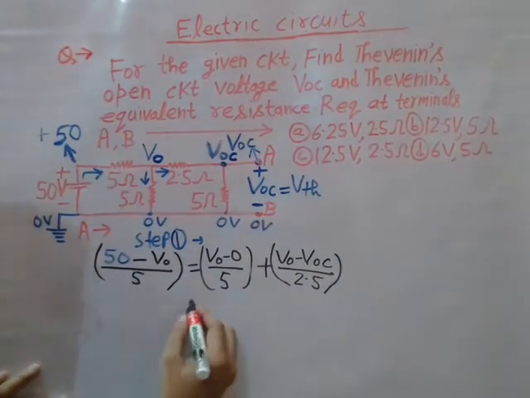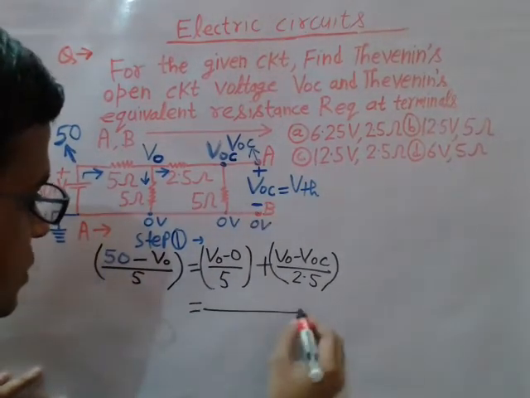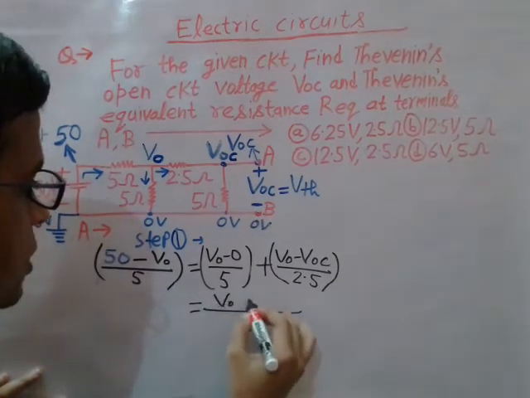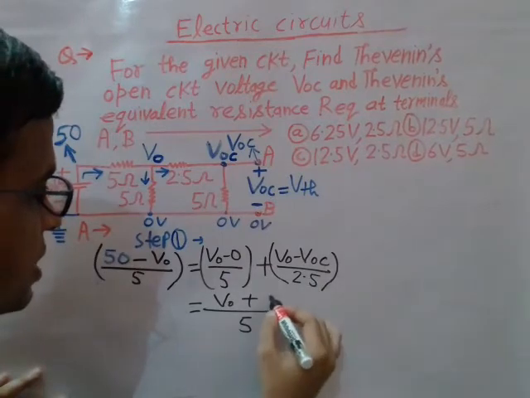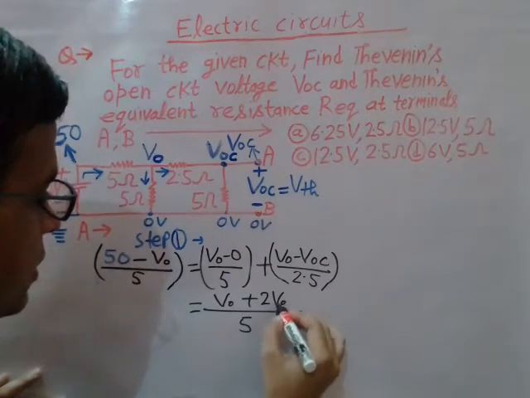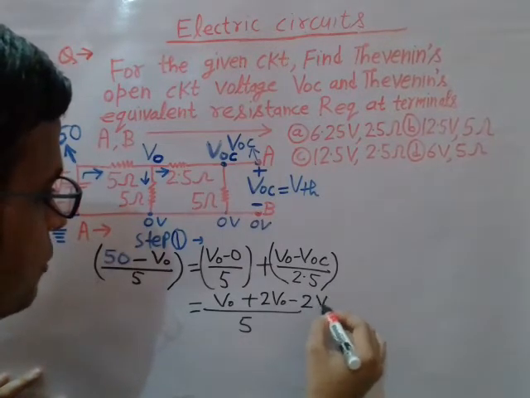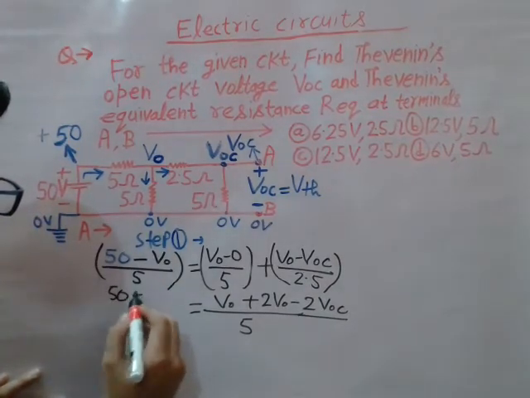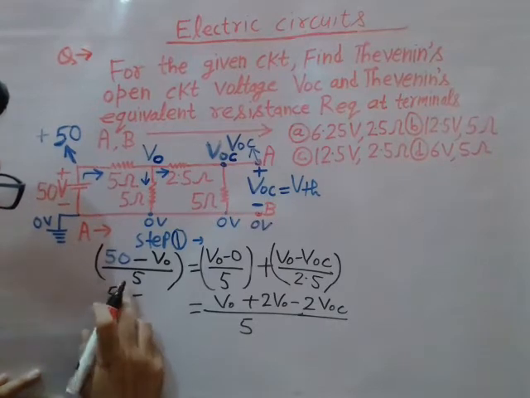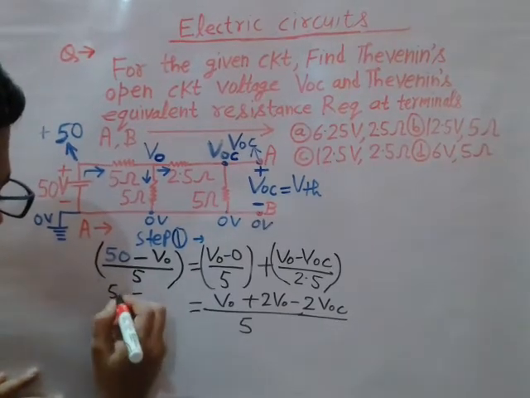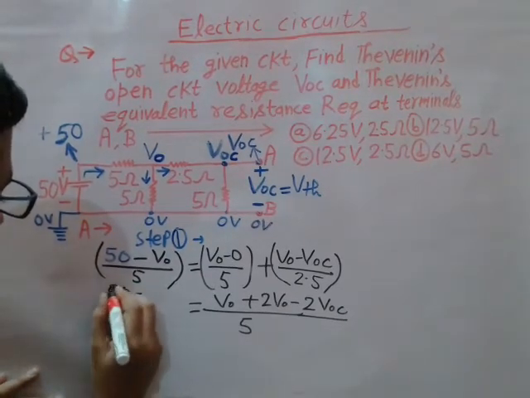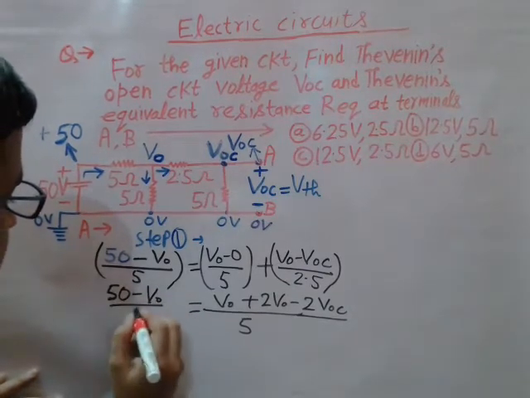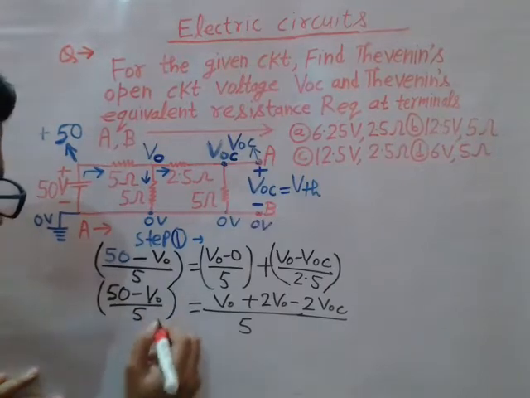Now you can simplify this by taking LCM. So V naught plus 2 V naught minus 2 VOC, and this is 50 minus V naught divided by 5.